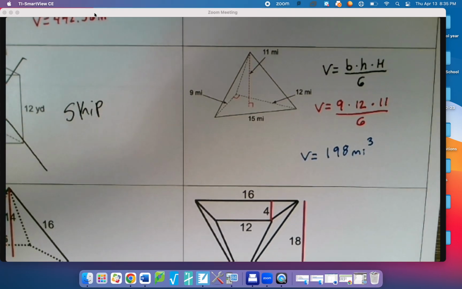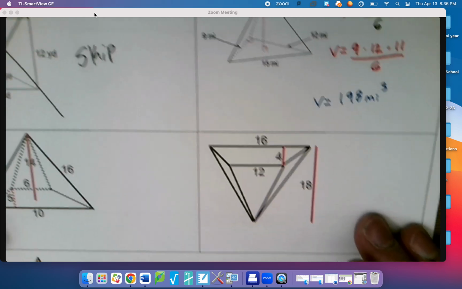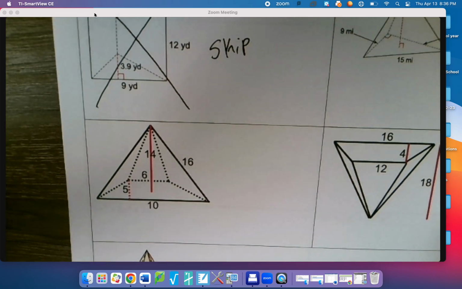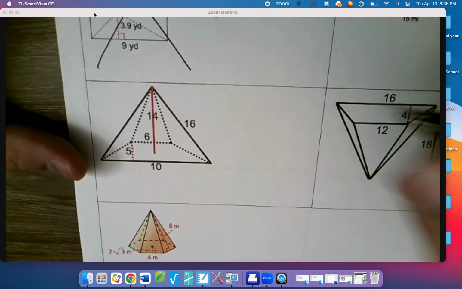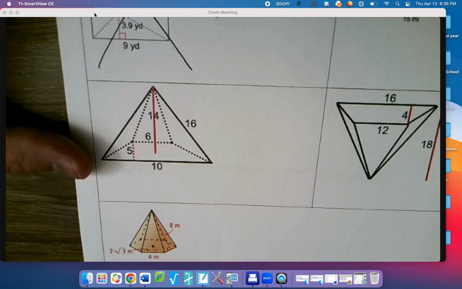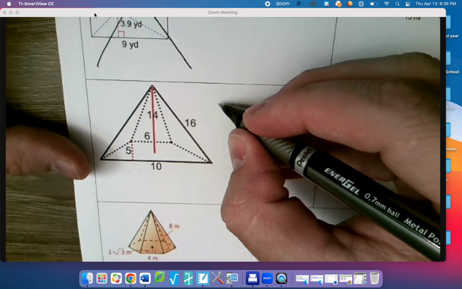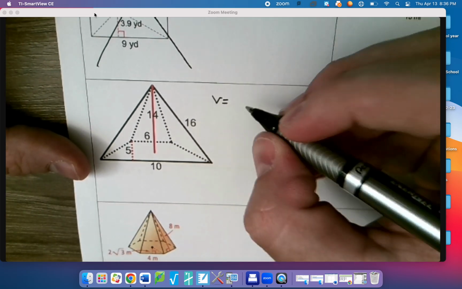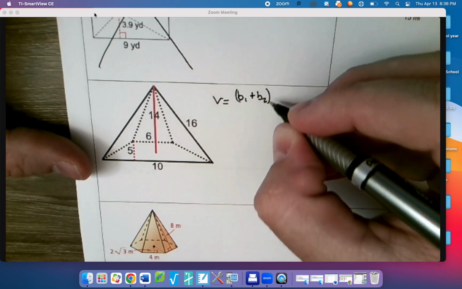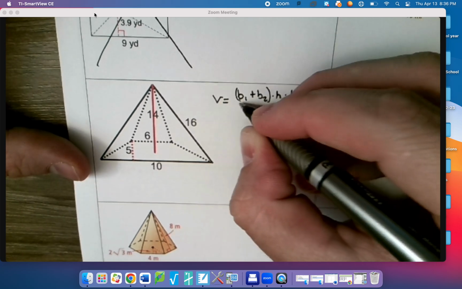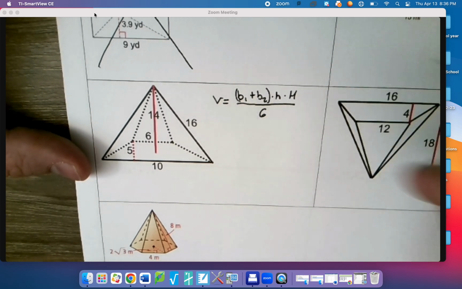All right, let's jump down to our two trapezoidal pyramids. All right, so a trapezoidal pyramid. One of these days I'll get it. Base 1 plus base 2 times the height times the big height. We end up dividing by 6 overall.